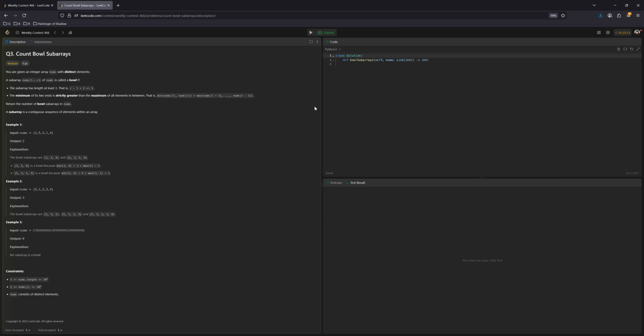Okay, got it. So the two edges have to be bigger than all of the elements inside. Okay, return the number of bool subarrays in nums. Oh no, is this going to be a stack?